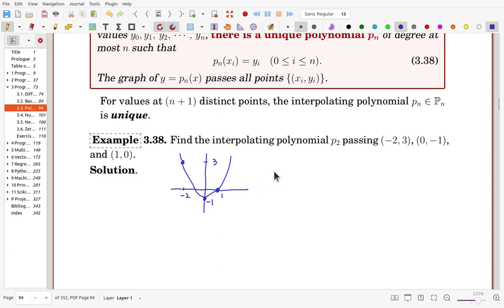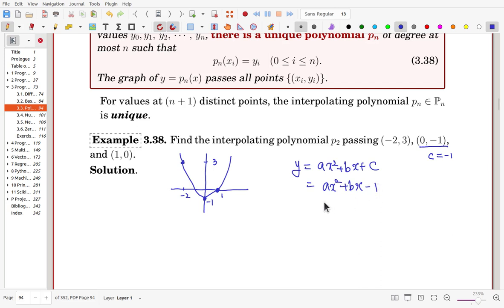If we try to find the polynomial, we may start with y equals ax squared plus bx plus c. x is 0, y equals minus 1, means c is minus 1. So we have ax squared plus bx minus 1.